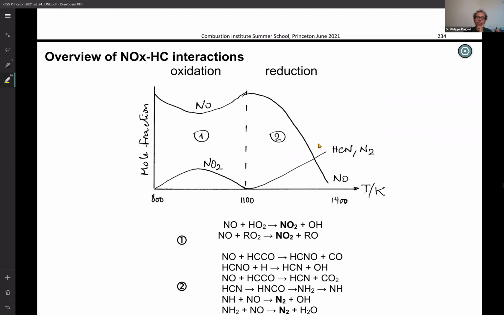Once you observe HCN, you are under NO reduction conditions. And when there is no HCN produced, you are under mutual sensitization oxidation regime.